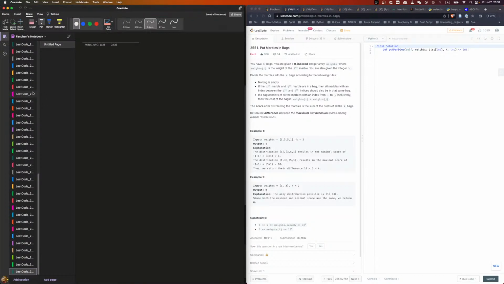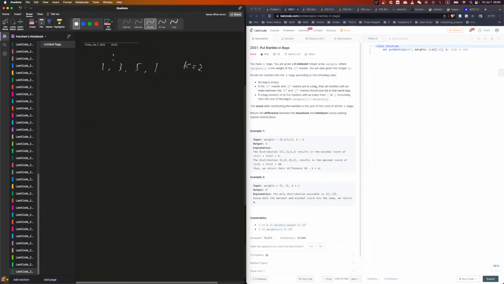Okay. We have 1, 3, 5, 1. And K is equal to 2, which means we have only one divider. So we throw a divider, and we want the smallest and the biggest division.